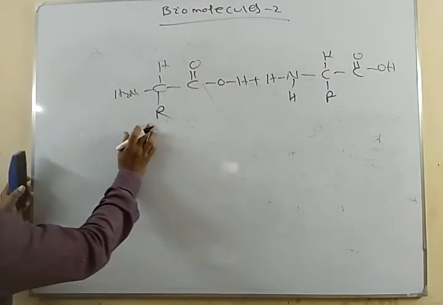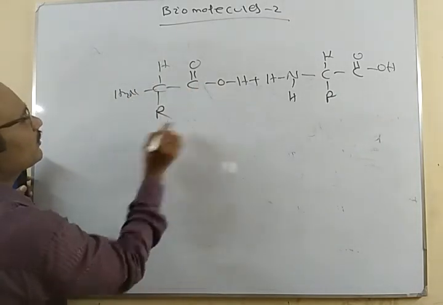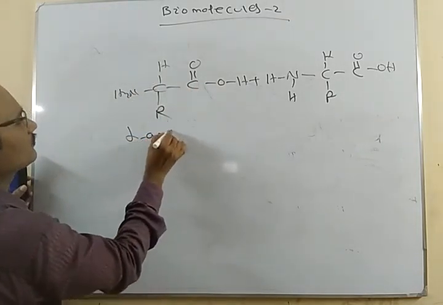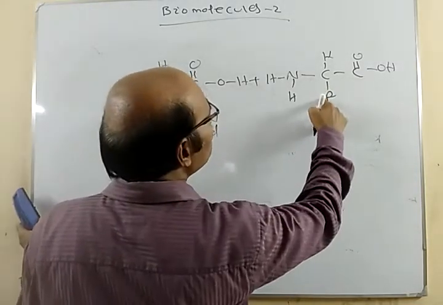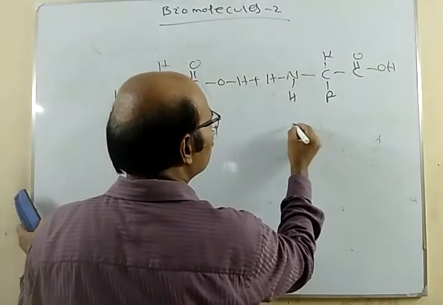So this is your R-CH-NH2-COOH. What is alpha amino acid? Your R-CH-NH2-COOH.